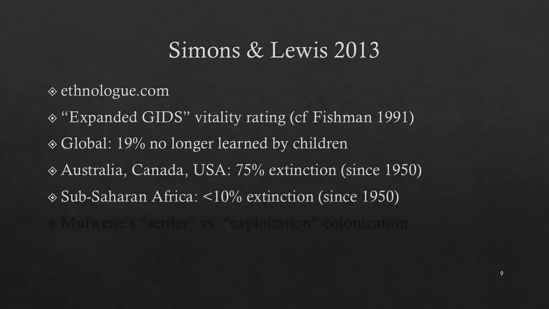But in other parts of the world, particularly in sub-Saharan Africa, the numbers are quite different, and there's less than a 10% extinction rate since 1950 for the languages of sub-Saharan Africa.